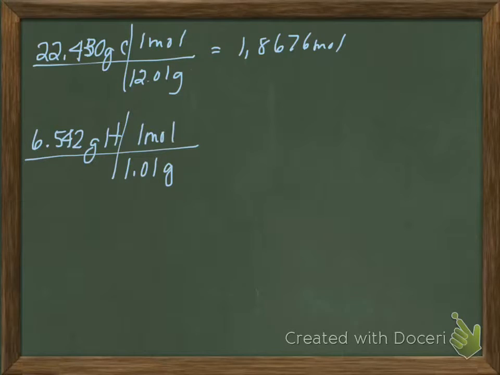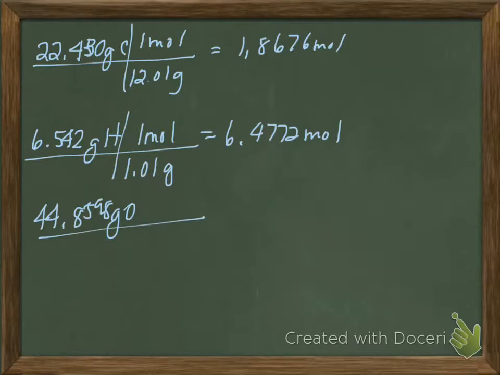Are y'all starting to get some of these memorized from using them so often? Then we'll do, what's next? Nitrogen? Oxygen. 44.8598 grams of oxygen. Oxygen's in a compound here, so it is 16.